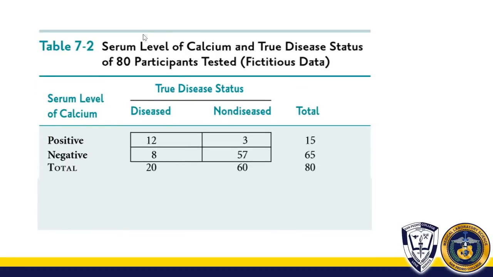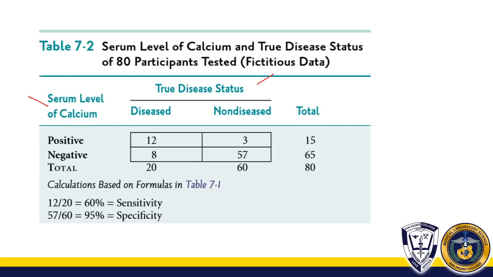So let us take another example, a fictitious data set with regards to the serum level of calcium and true disease status of 80 participants tested. As you can see, it is again a 2 by 2 table, but be careful with the placement of your data: here is having the disease or not, and here is your testing.